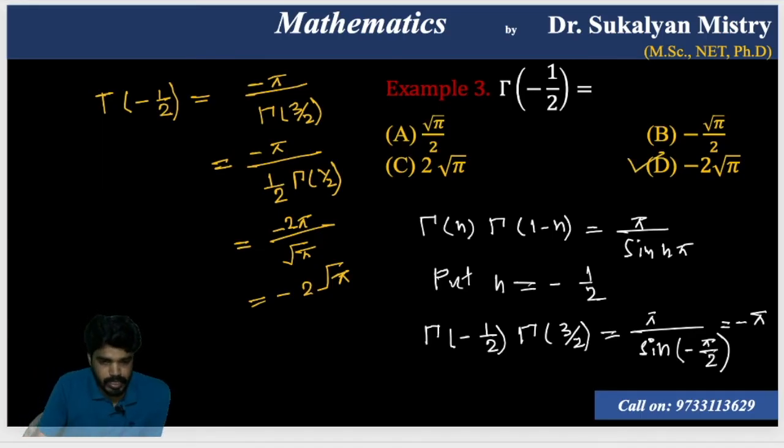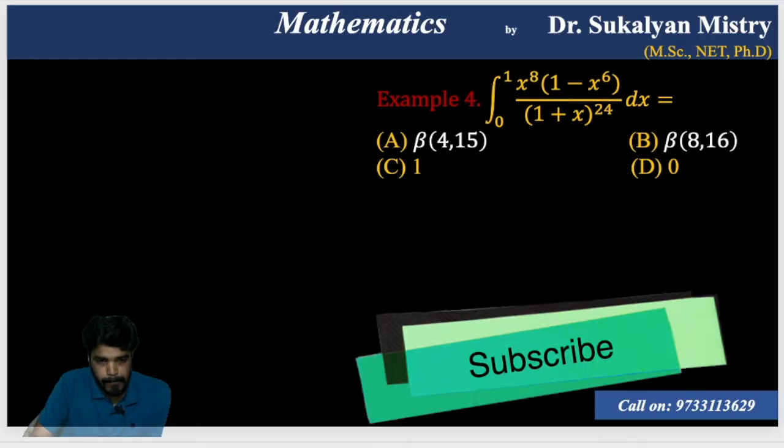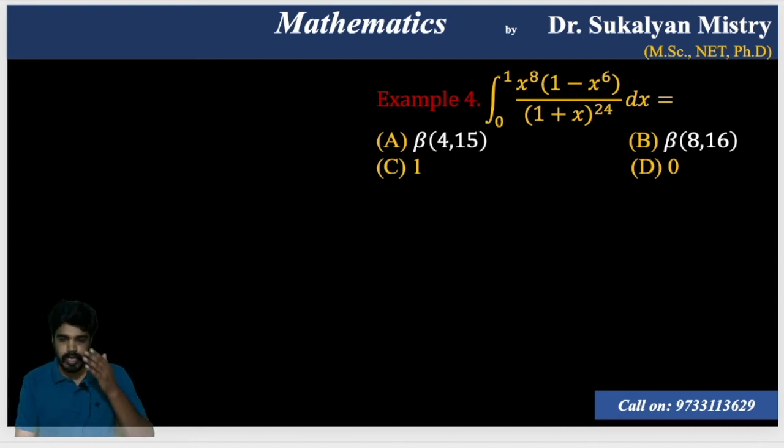Next example, clear. Here we have to calculate integration 0 to 1 x to the power 8 into 1 minus x to the power 6 divided by 1 plus x to the power 24 dx.